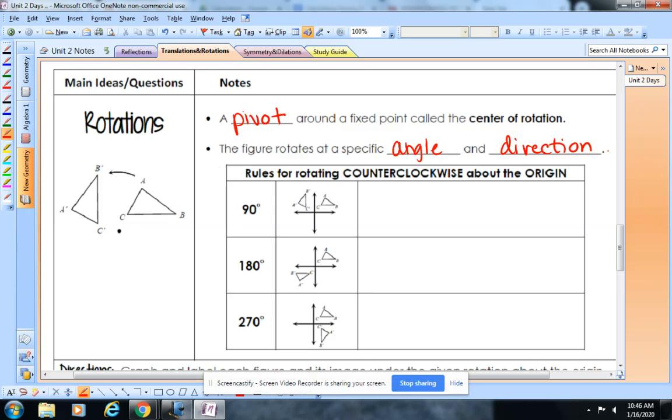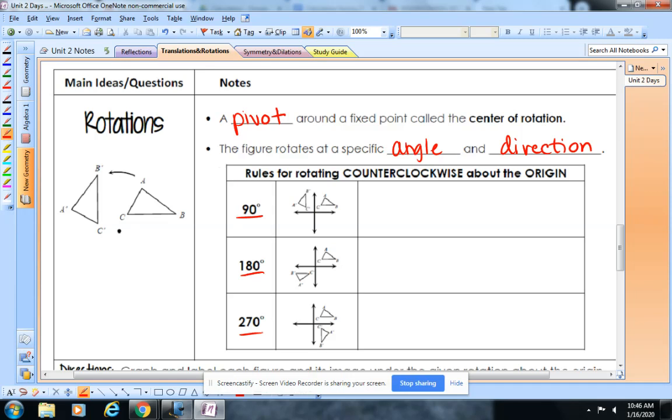So 12, then 1, 2, 3, 4, 5, 6, 7, 8, 9, 10, 11, 12, right? Counterclockwise is backward, right? 12, 11, 10, 9, 8, 7, and that way. Okay? So that's what it means by clockwise and counterclockwise. If you memorize the degrees, that's really all you need to know. Okay? Because they're doing all of these counterclockwise, and they're making the pivot point the origin.